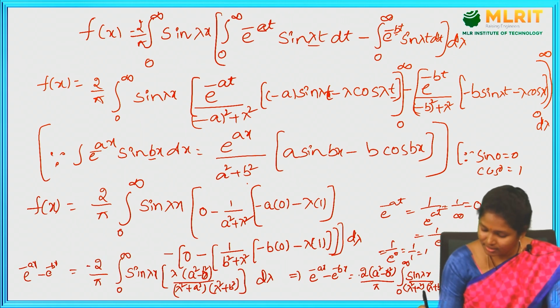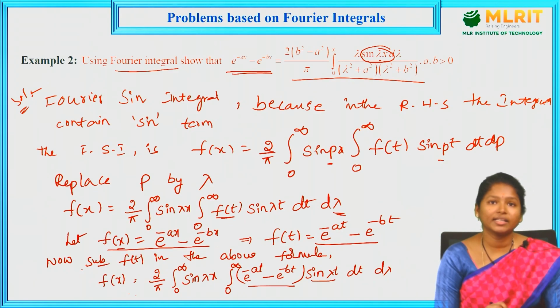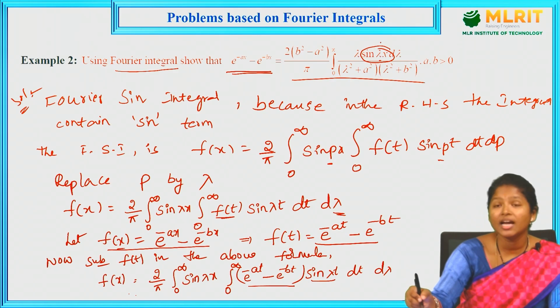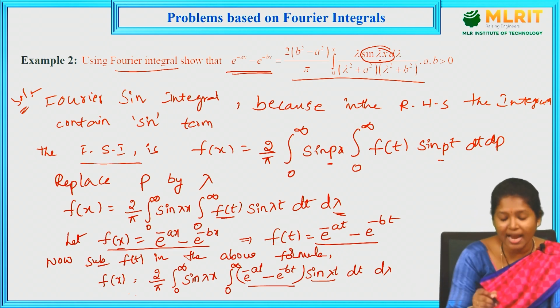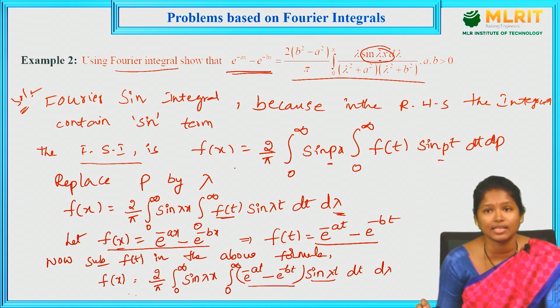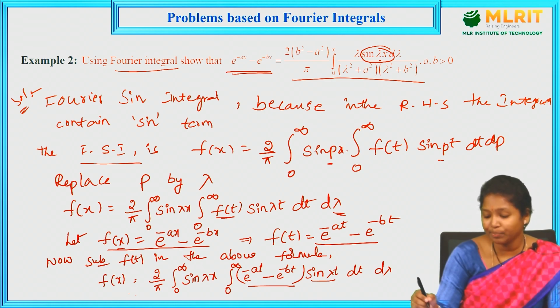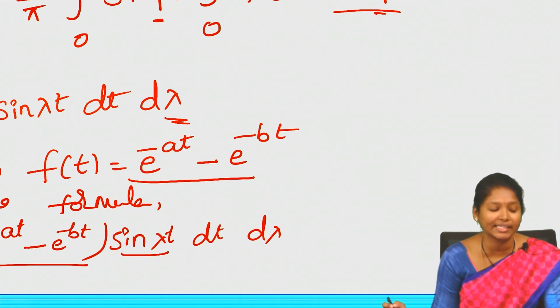So first we take the Fourier sine integral formula, because in the result a sine term is there. The Fourier sine integral formula is f of x equal to 2 by pi integral 0 to infinity sin px, integral 0 to infinity f of t sin pt dt dp.